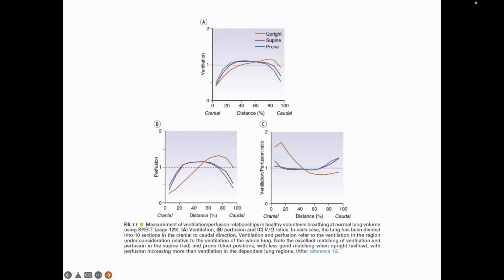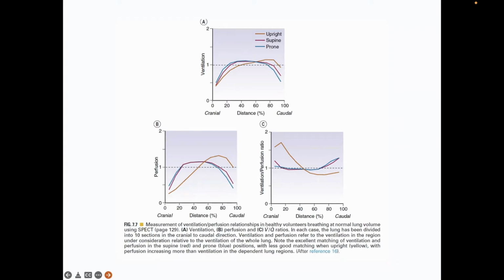Interestingly, however, if we look then at the perfusion again, not much difference between prone and supine. However, if you compare it to the maroon or orange upright graph, you can see the perfusion has a huge difference. If we look from cranial to caudal, that means the blood sits down in the lung. And you can imagine a fluid wants to sit down using the gravity.